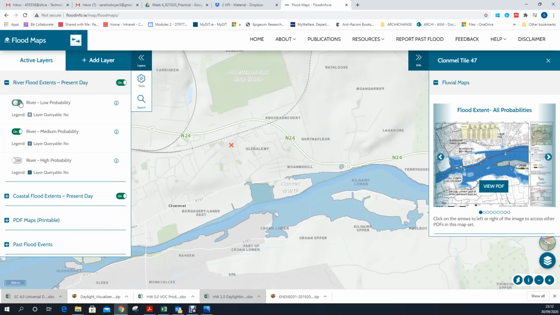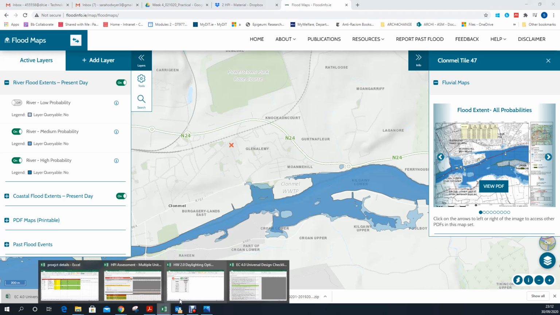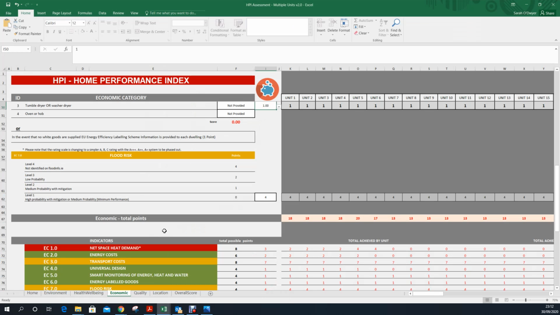If you turn the low off and that off, you'll see, obviously, the higher ones are usually further in because they're not as frequent, they're rare. It's a really handy resource, a general resource, if you don't know about it already.